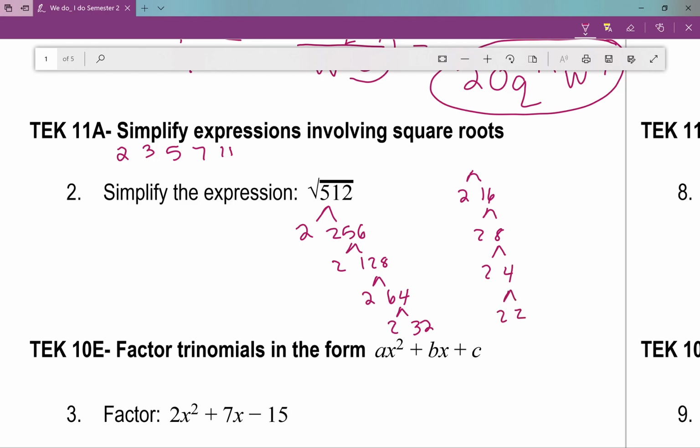Notice that I did not stop until I ended in this prime number right here.